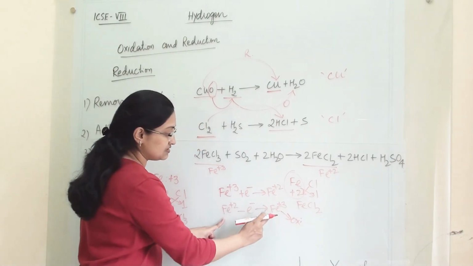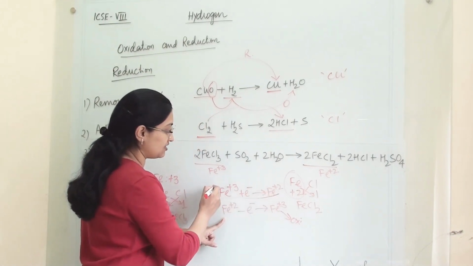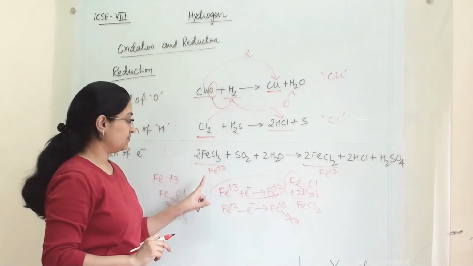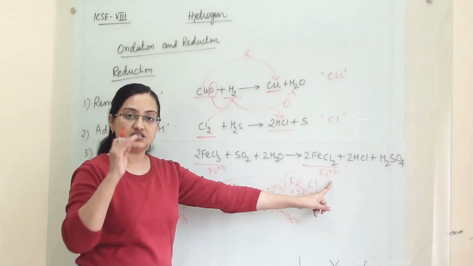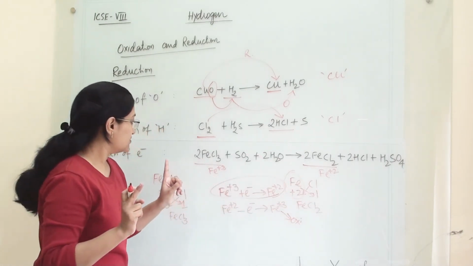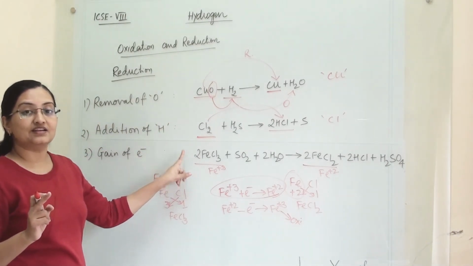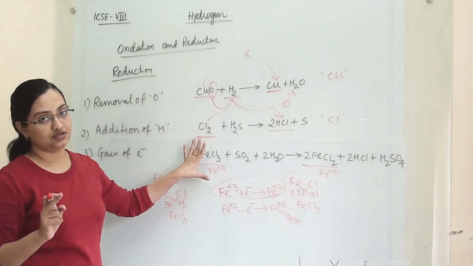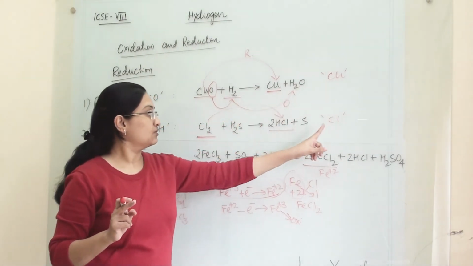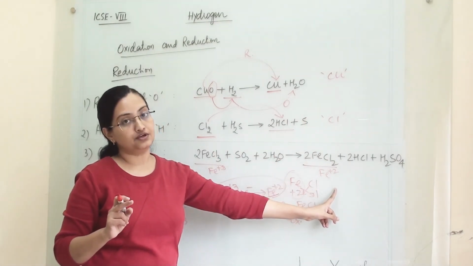When it is becoming plus one more, then it is oxidation. Here we are talking about this. So this is a reduction reaction. When the plus charge is reduced, then it is reduction reaction. So all these three reactions show that these are reduction reactions. So here copper is getting reduced, here chlorine is getting reduced, and here iron is getting reduced.